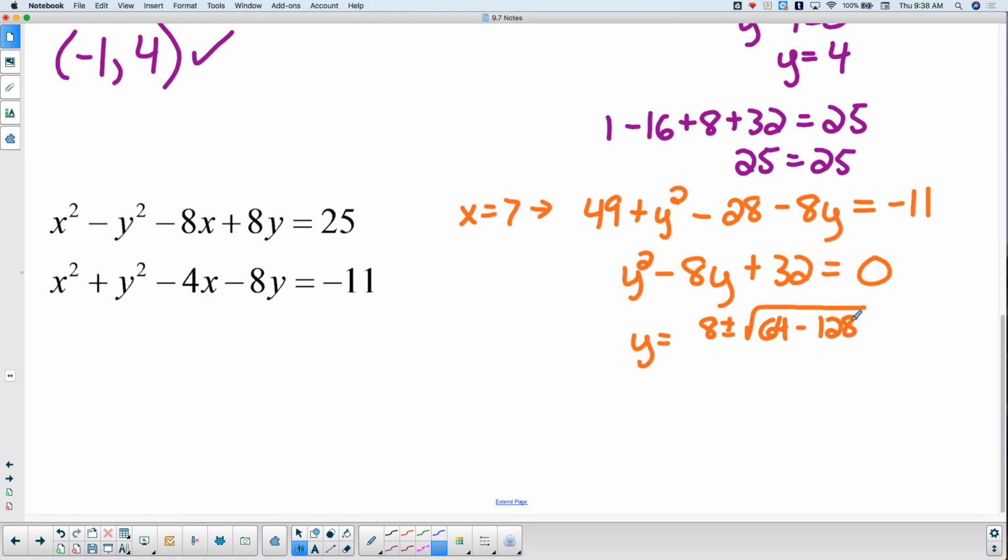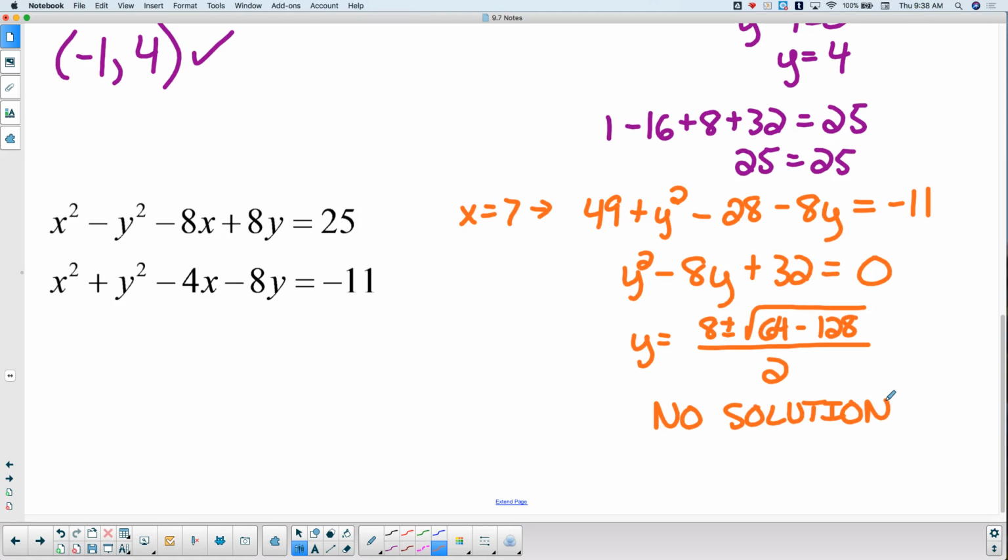Why not? It's going to be imaginary, right? Because 64 minus 128 is going to be negative 64. So this one has no solution to it. There is no y value associated with that one because it's imaginary.